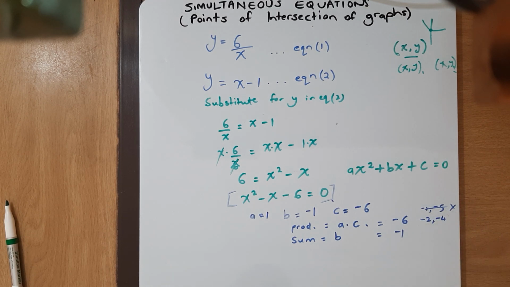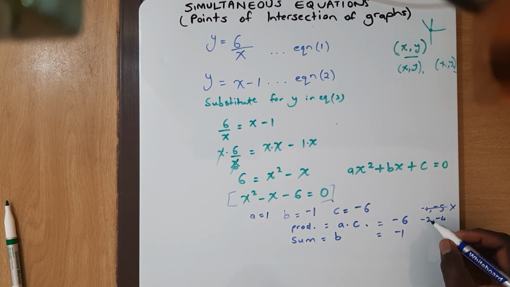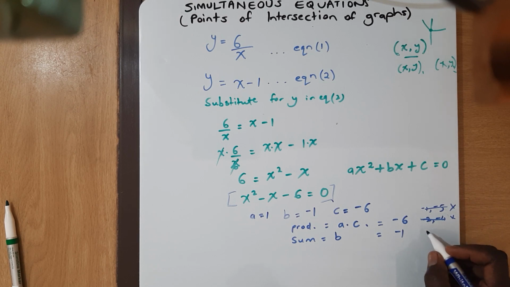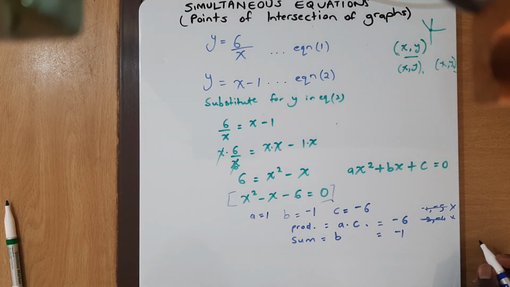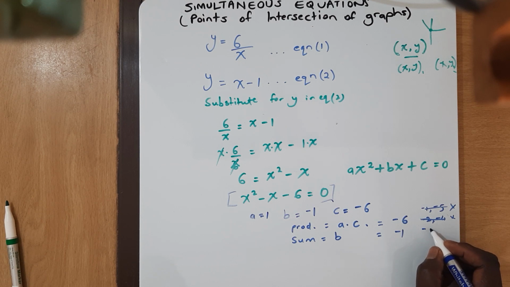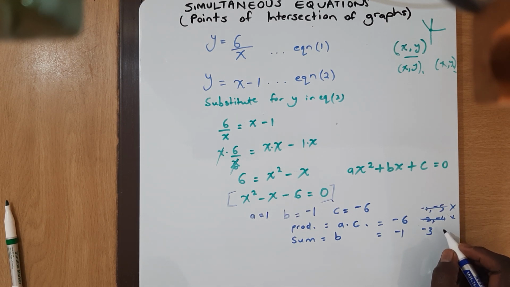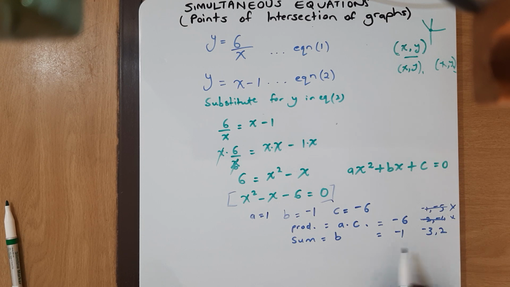When we add them, we get -6. I mean, when we multiply them, we don't get -1. So let's try -3 and 2. When we add -3 and 2, do we get -1? Oh, yes, we do. When we multiply them, do we get -6? Oh, yes, we do.